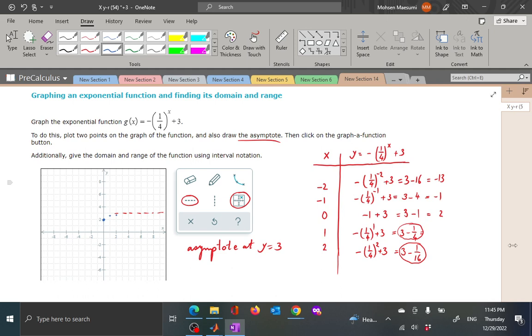At minus 1 we have minus 1, that will be here. At minus 2 we are going to have minus 13, which is way down here. So the graph that we are going to get, you use this tool for, well, I'm supposed to go through all of these points.